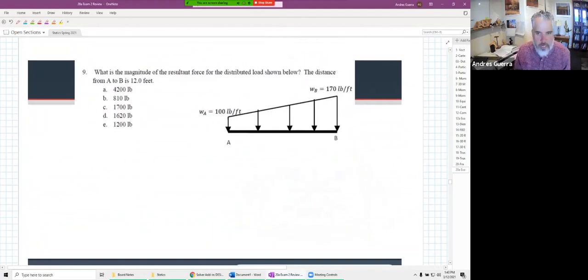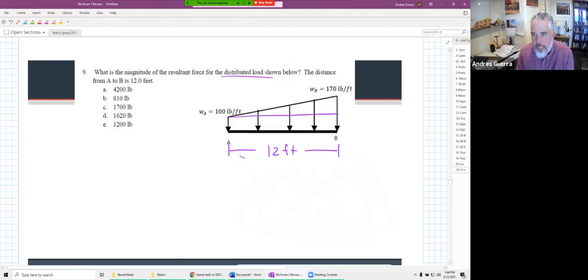Let me move ahead out of those centroids, and let me go to this one, which is asking us to find the magnitude of the resultant force for the distributed load shown below. The distance from A to B is 12 feet. So we know this is a 12-foot distance right here, and they want us to find the magnitude of that distributed load. What do we do with distributed loads to find the magnitude?